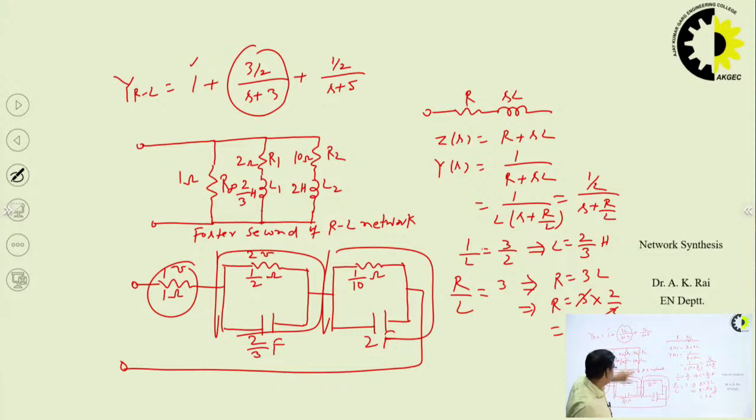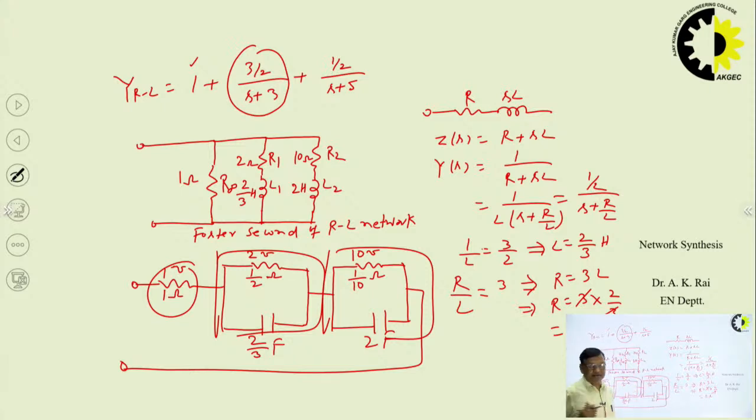Come to this, this is 10 ohm. In the dual network, the R2 and L2 are in series, so in the dual network they will be in parallel. So 10 ohm in the dual network will be 10 mho, or we can say 1/10 ohm.